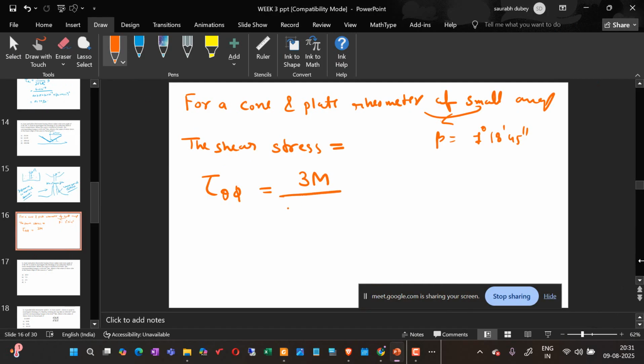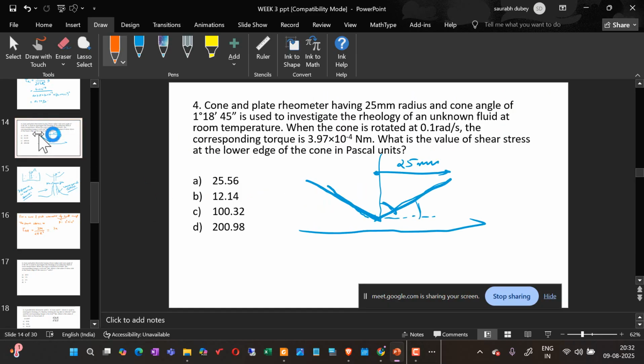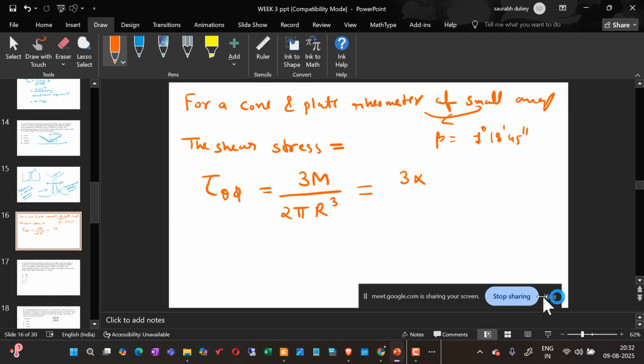So 3M divided by 2 pi R cube, and R is the radius of the cone. 3 into the M value, which was 3.97 into 10 to the power minus 4, divided by 2 into 3.14 into R cube.